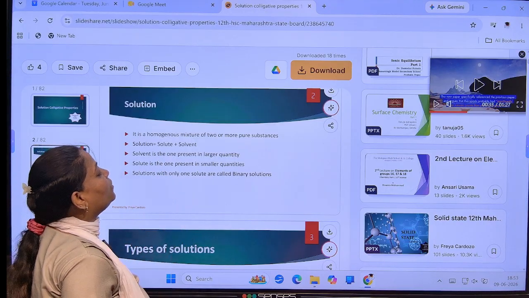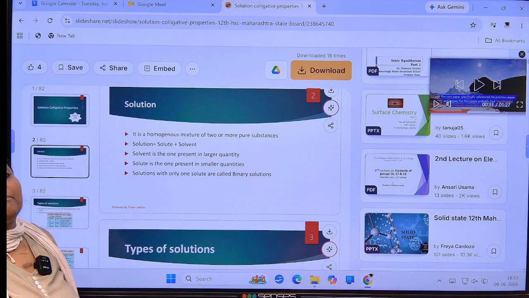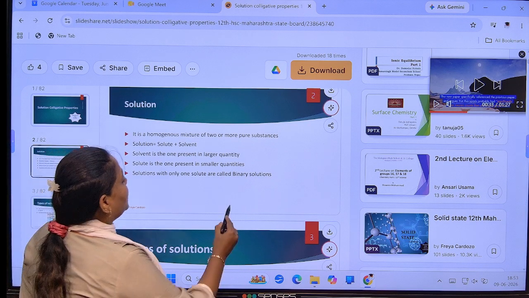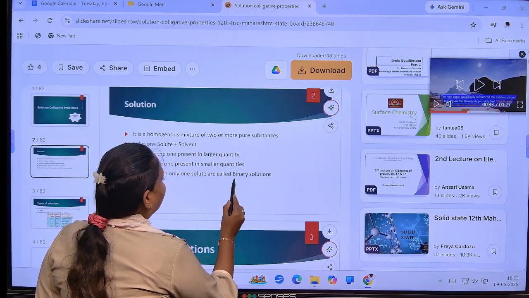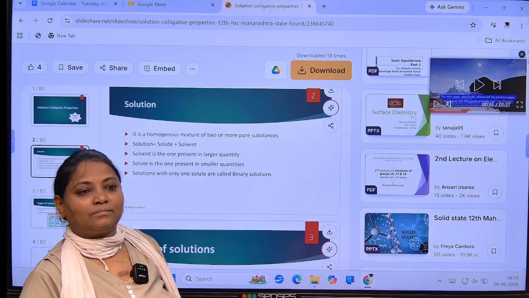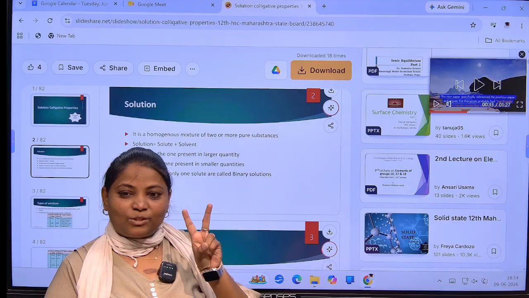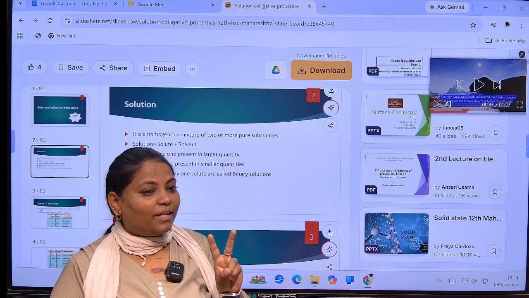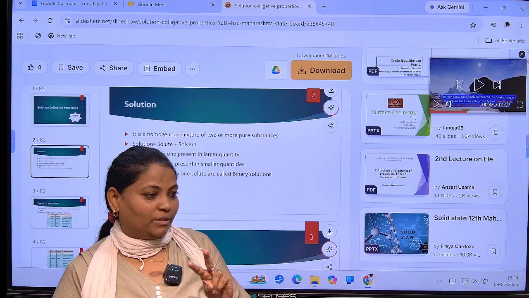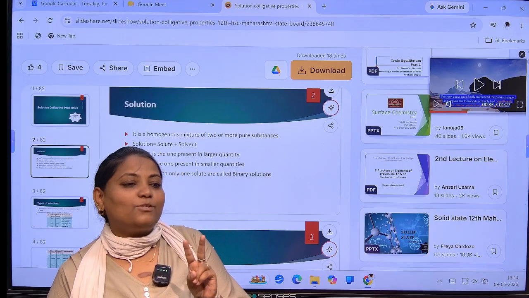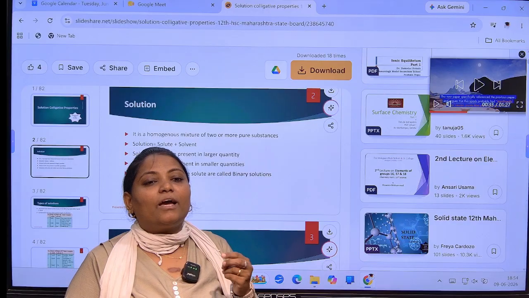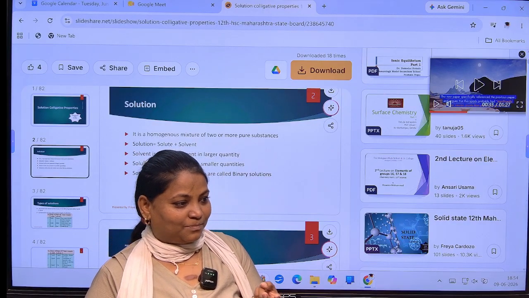So a solution with only one solute is called a binary solution. Now when I say binary solution, bi means 2. So when I have only one solute and one solvent, like glucose water.